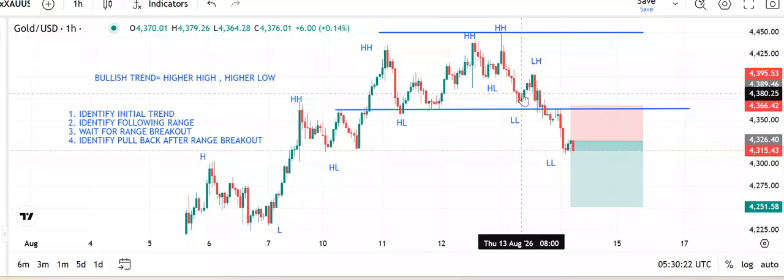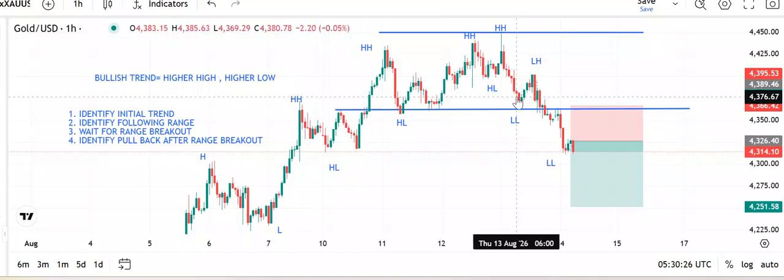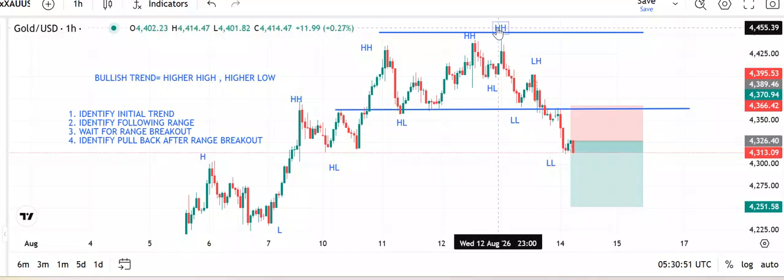But like I said earlier, you might have a range breakout and price might surprise you. Price might just give you a false breakout. You need to be careful of this and avoid false range breakouts, because that happens a lot.